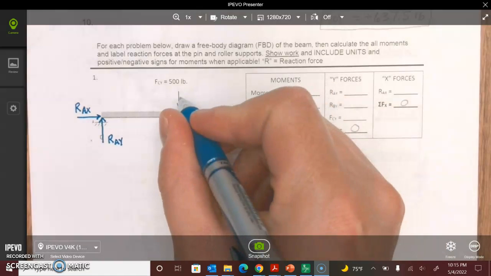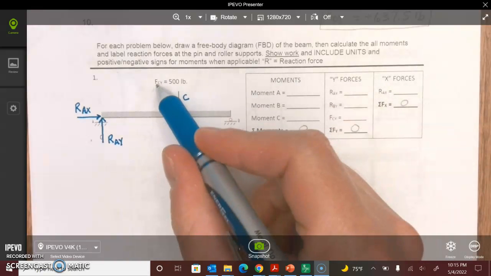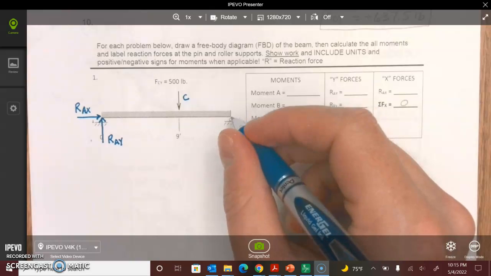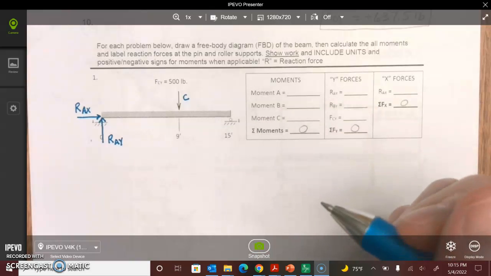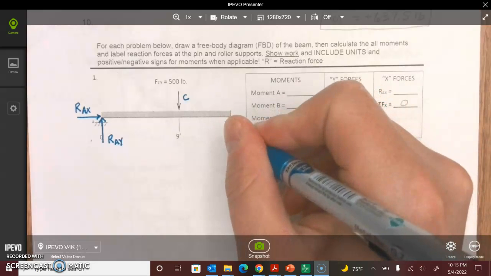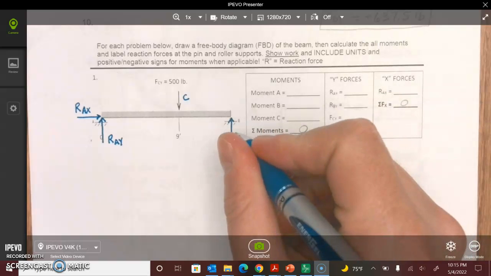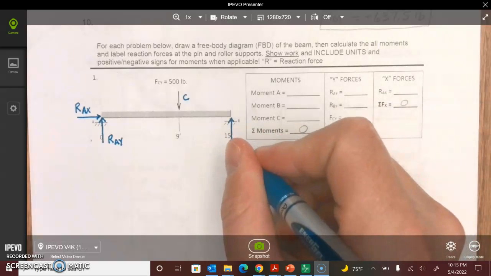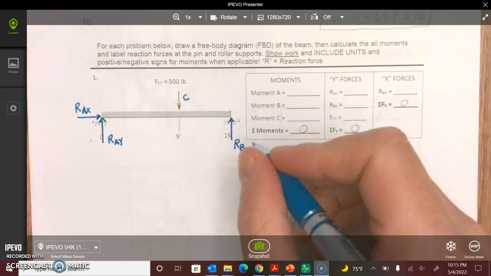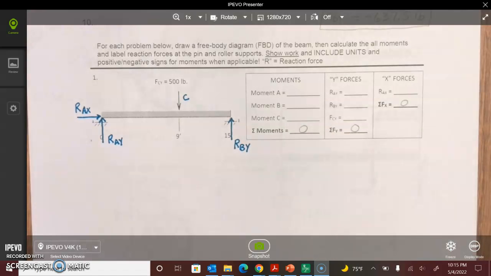This force right here, we can just call force C, because it says force CY. For the roller, rollers only have one reaction force. They're just pushed upwards by that roller. We're going to call this RB, reaction force B, because it's at point B, and since it's vertical, we'll call it RBY.